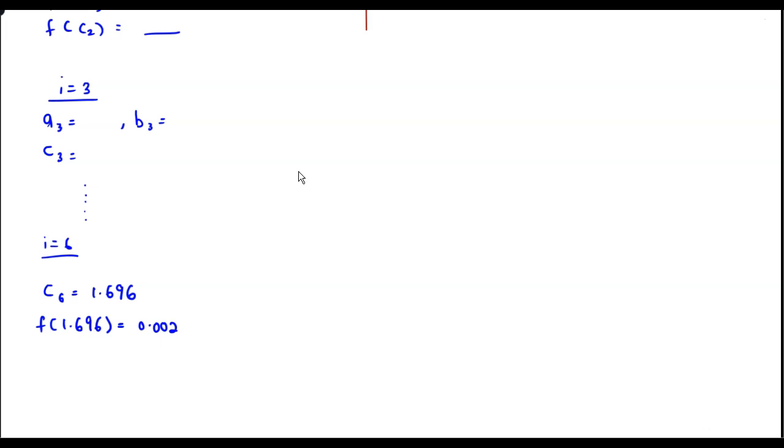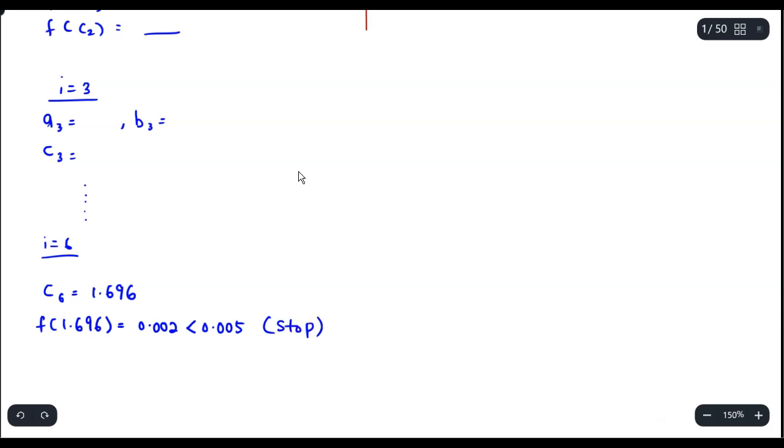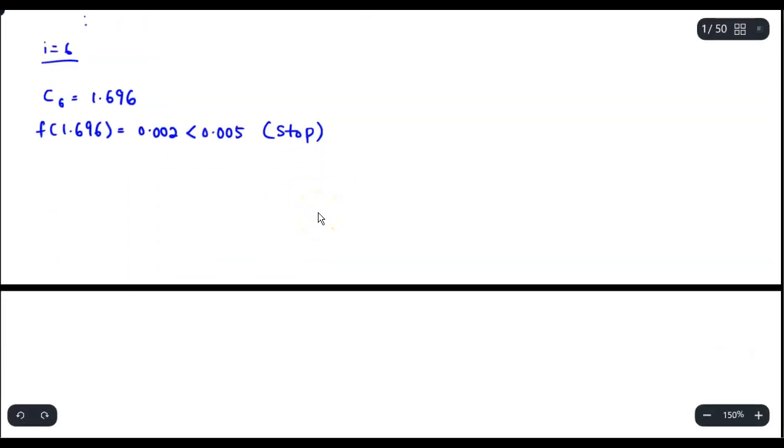You can see the absolute value of F(C6) is already less than 0.005. So it means that at that iteration i equals 6, you can stop. It means you have the solution here.